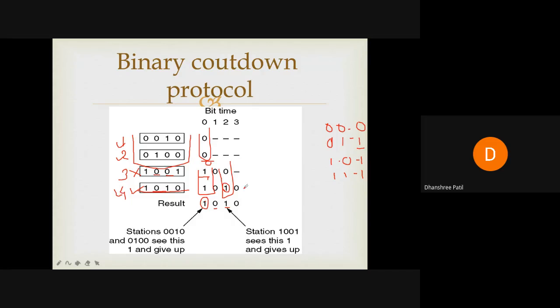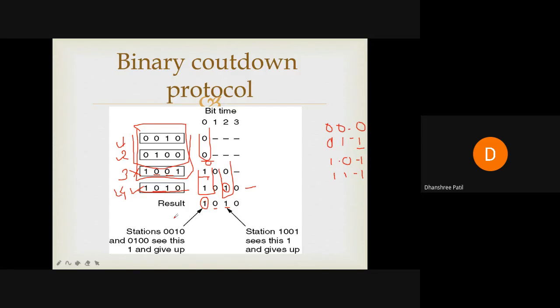Once station number 4 finishes its transmission, it releases this communication link, and the same procedure will again follow among the remaining three. स्टेशन नंबर 1, 2 and 3 मध्ये पुन्हा सेम प्रोसिजर चालू होईल. And one by one every station will get the channel for its communication, and obviously collision will not be there.